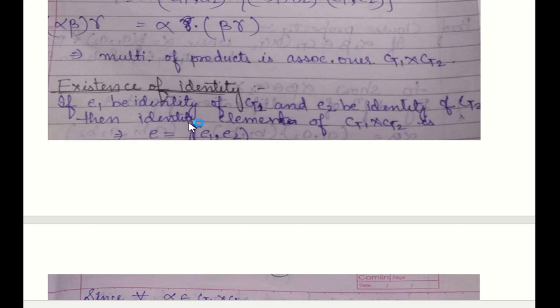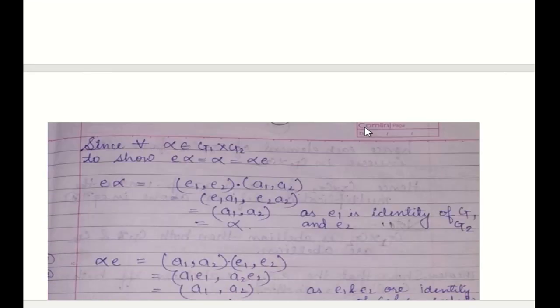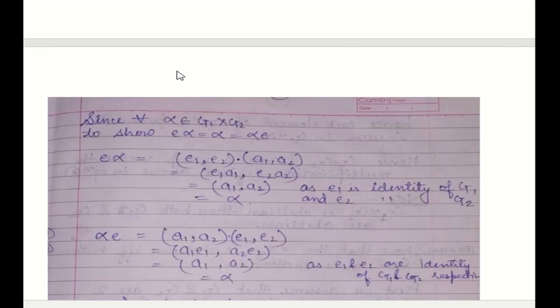Then we claim that the identity element of G1 cross G2 is given by E equal to (E1, E2), where E1 is identity of G1 and E2 is identity of G2. To show this E is an identity element, we take any arbitrary element alpha belonging to G1 cross G2. Already we have defined that alpha is equal to (A1, A2).